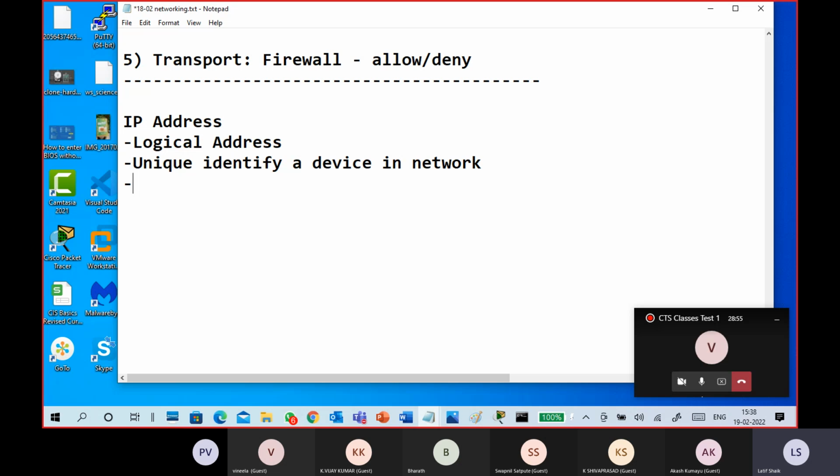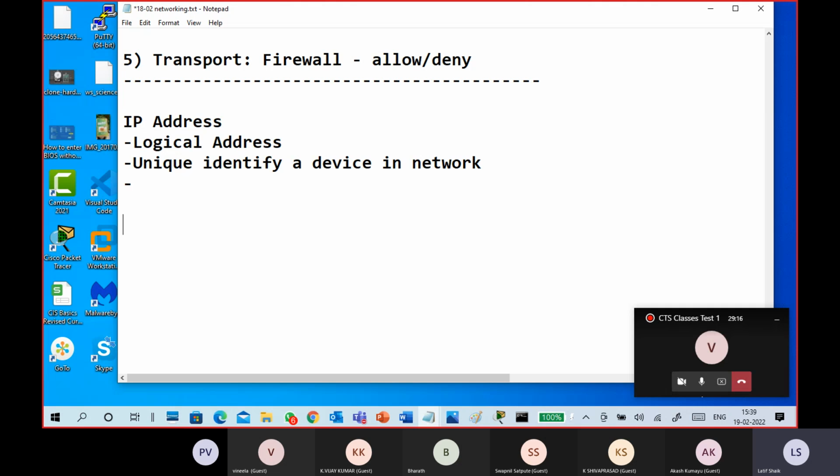I want to send an email, the mail address is important. Like in a network, if we want to communicate with each other, an IP address is compulsory. Without an IP address, you cannot communicate.